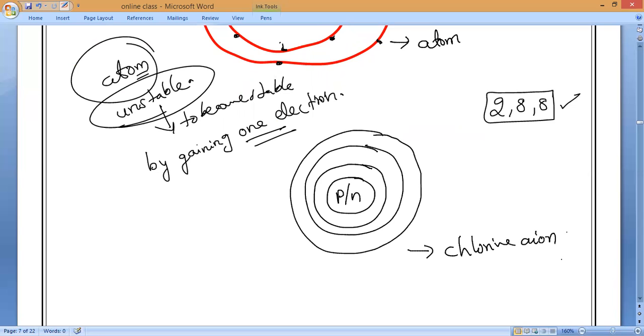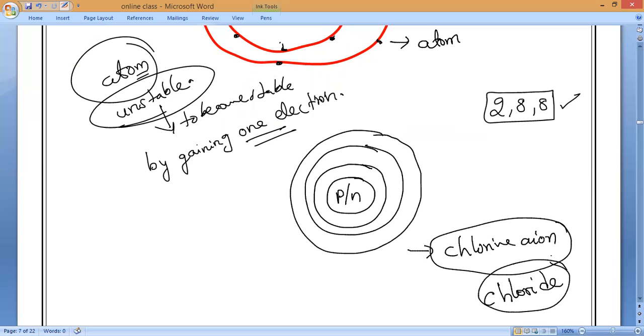Should we say chlorine ion, or should we say the name chloride? Last class I wrote it for you as chloride. Do you remember? Is it chloride or chlorine ion? It is not the chlorine ion, it is the chloride ion. That I will also teach you today. It will form the chloride ion.